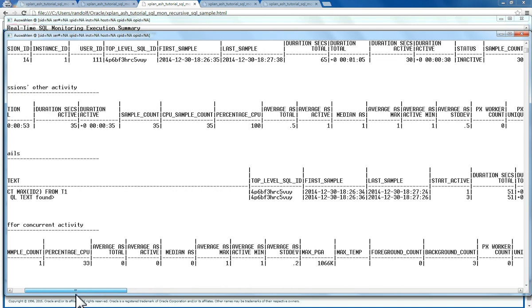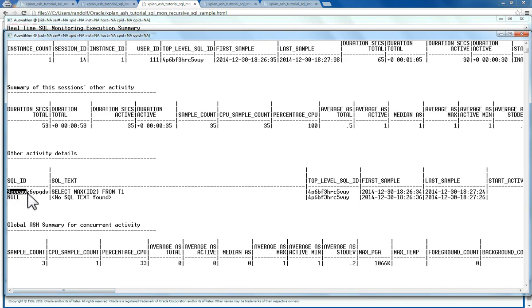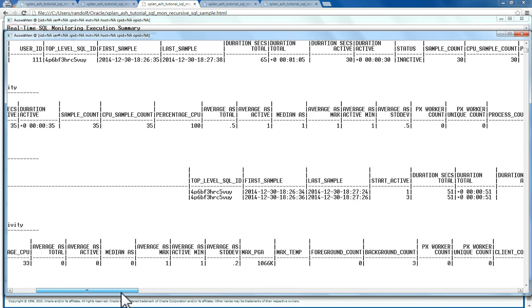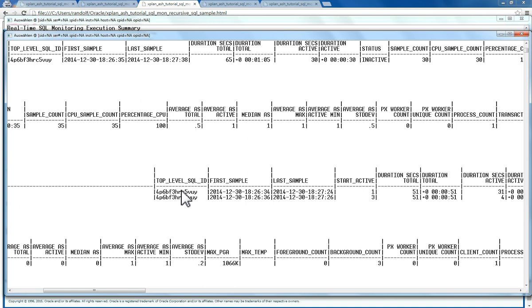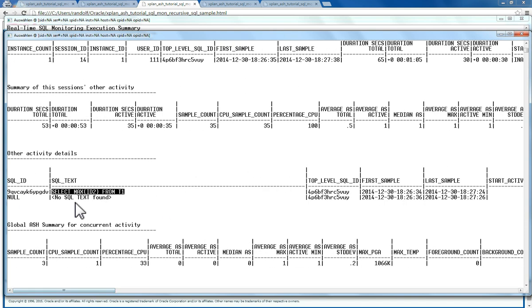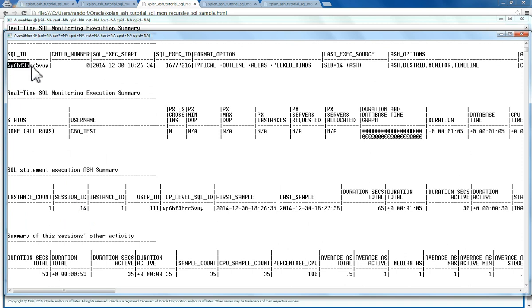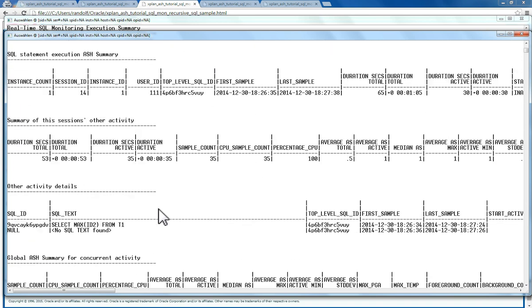So we see now the SQL ID, if there is a SQL ID in the corresponding active session history samples, along with the SQL text, if it could be found in the corresponding SQL text source, then the top level SQL ID. In this case, I only have one level of recursion, so this is actually the main SQL here.